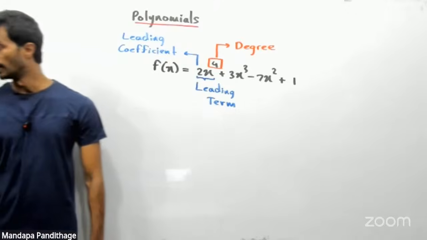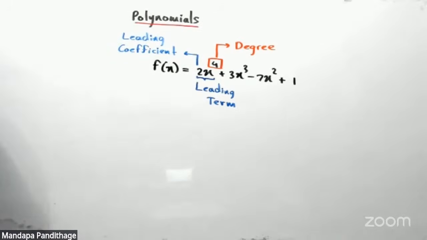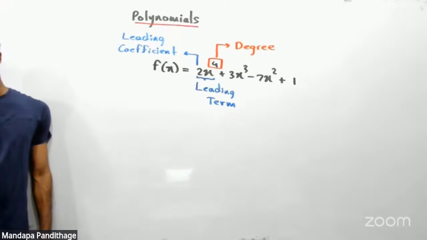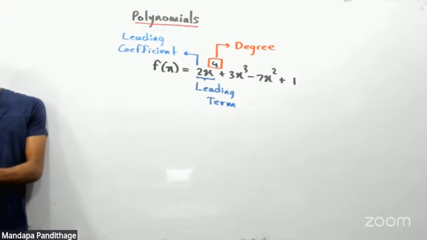We can write it this way: the highest power of a polynomial is known as the, write in a red pen, degree.